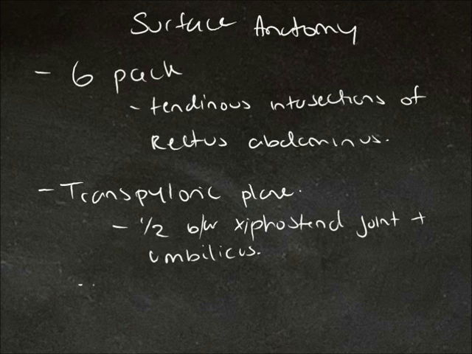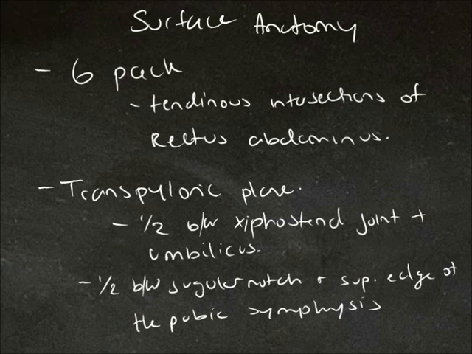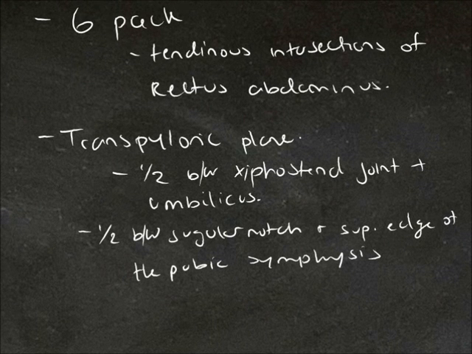You can also find it halfway between the jugular notch and the superior edge of the pubic symphysis. And the transpyloric plane marks the level of the pyloric sphincter in the body.